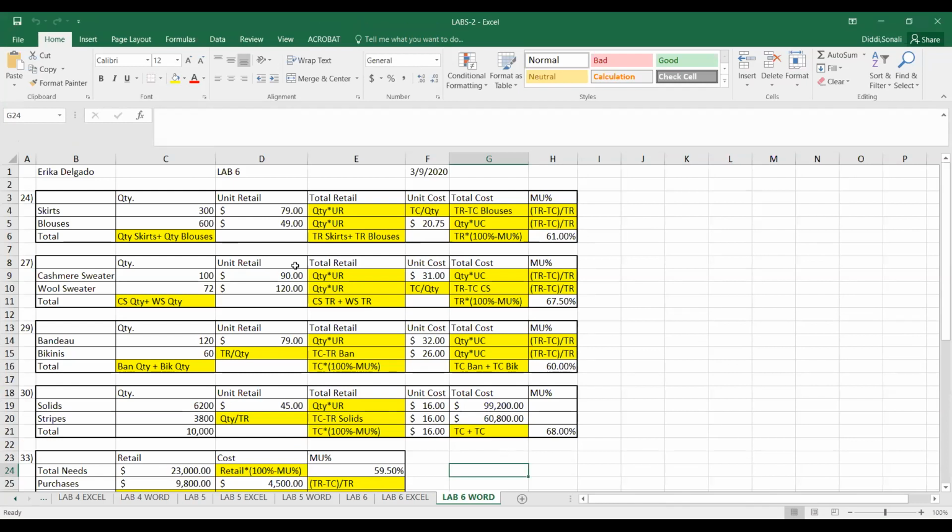This is Erica's lab portfolio part 1. It does not have lab 7. So I open her lab 7 as well, and I'm going to combine lab 7 into the portfolio.